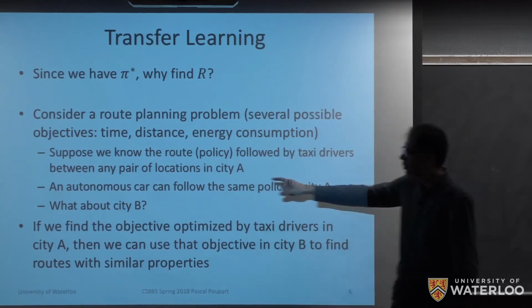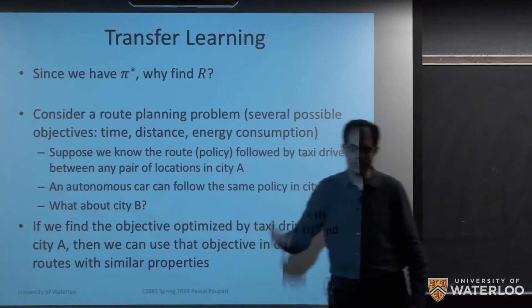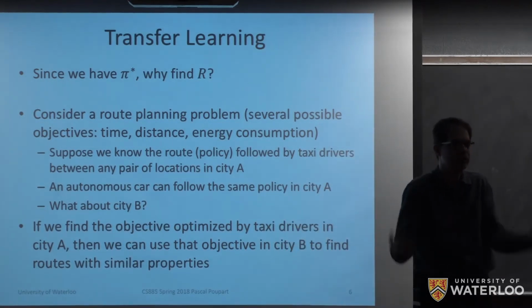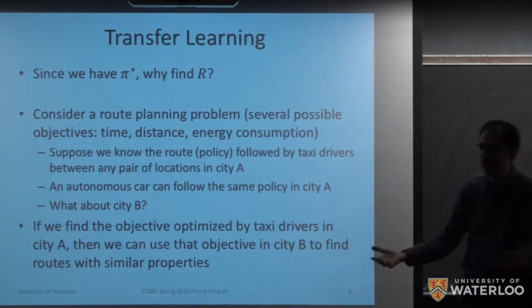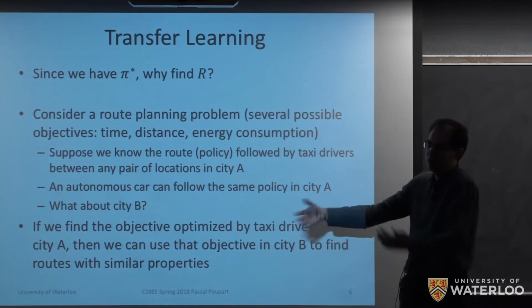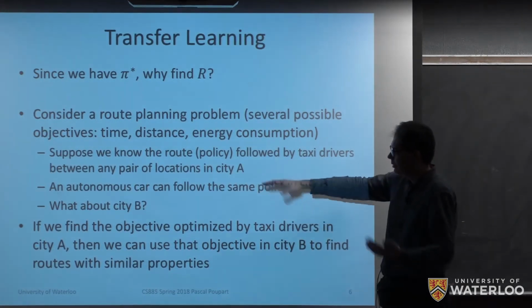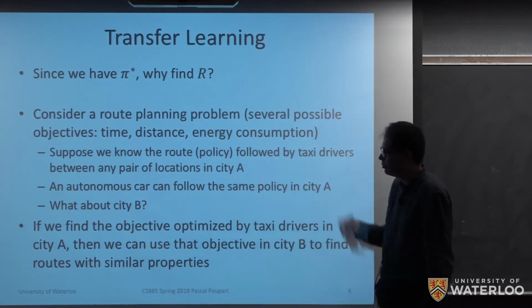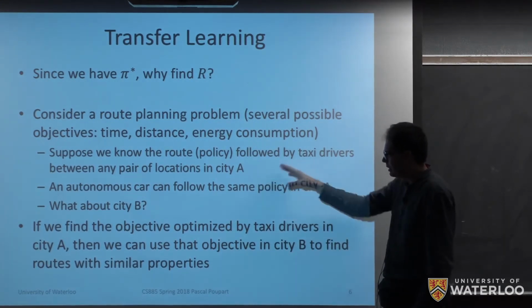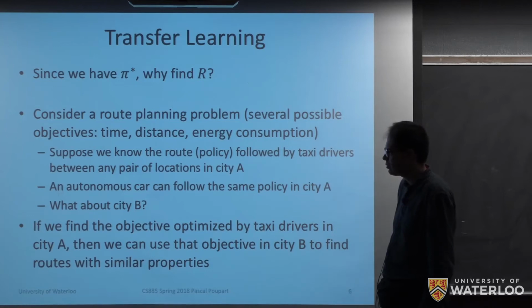But now what if we go to city B? In city B, maybe we don't have the taxi data, and maybe we'd like to extrapolate how to find a good route without having access to previous demonstrations from humans like taxi drivers.